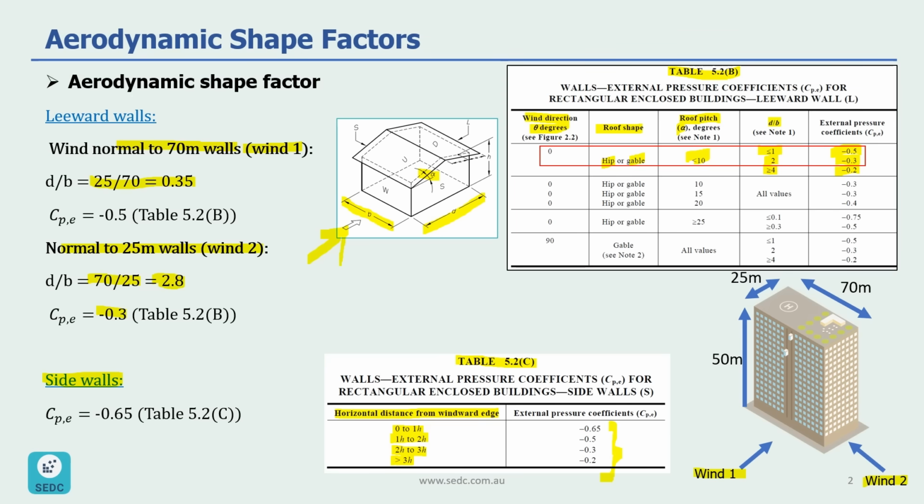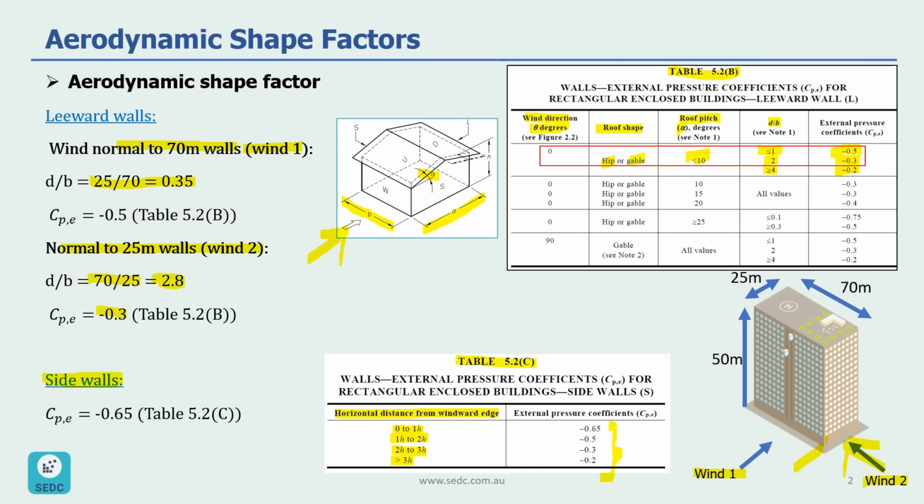So if I look at, for example, wind 2, what this table is saying is that between 0 and 1h from the windward wall, so the wind is blowing in this direction.